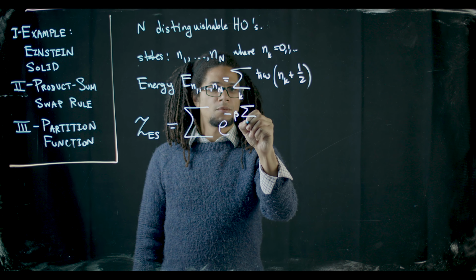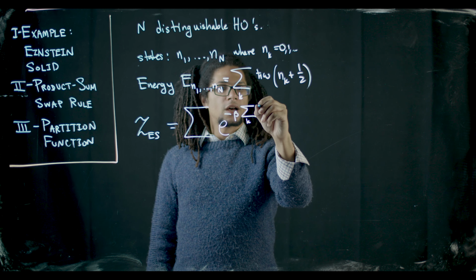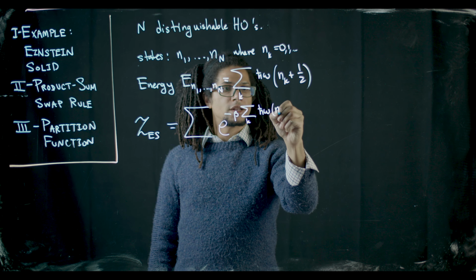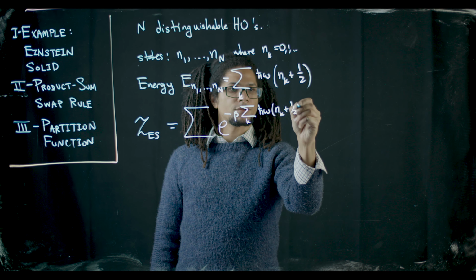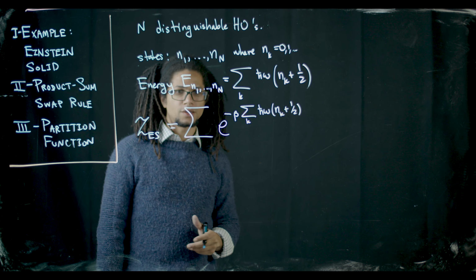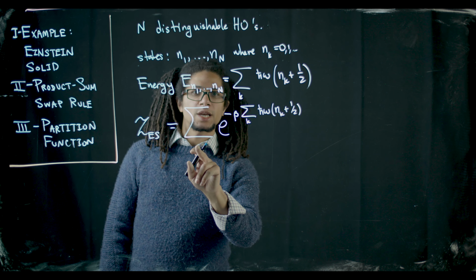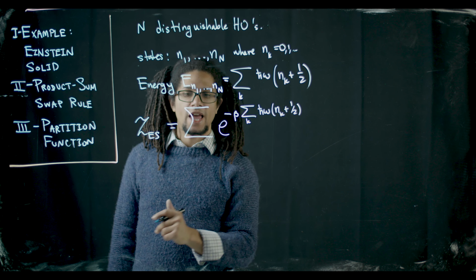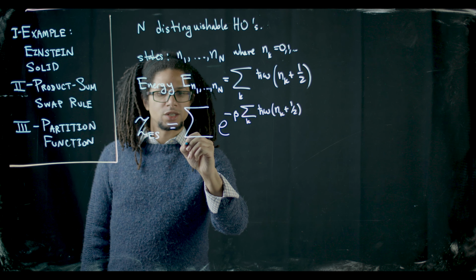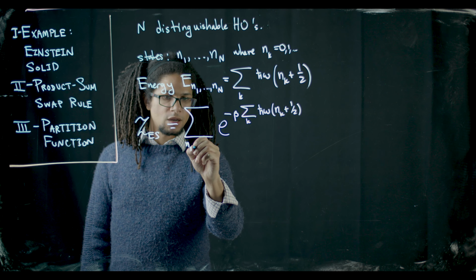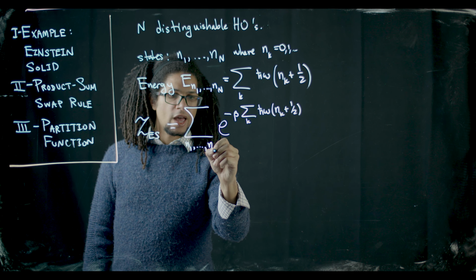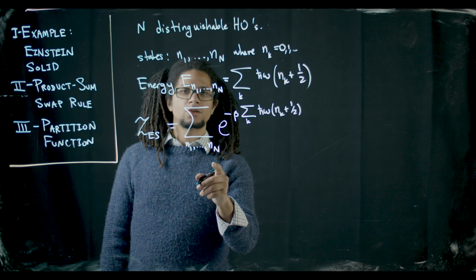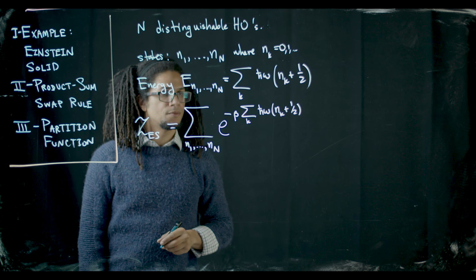So that'll be the sum over k of ħω(n_k + 1/2). Excellent. So this sum is actually a set of nested sums. In fact, there will be capital N nested sums, but we can write them all with one summation symbol. So I'm just going to write the sum over n_1 up to n_N, and each of these can run from 0 to infinity. Good.